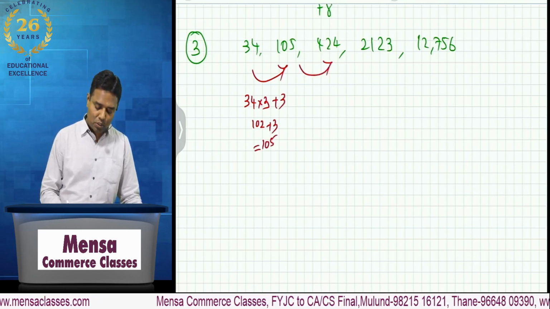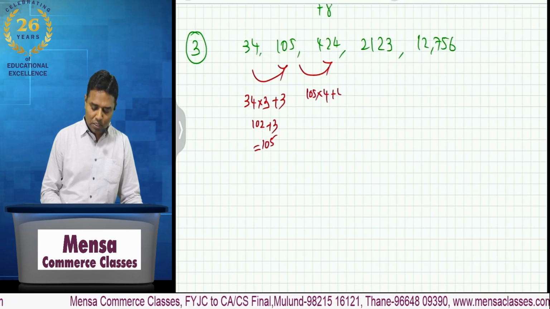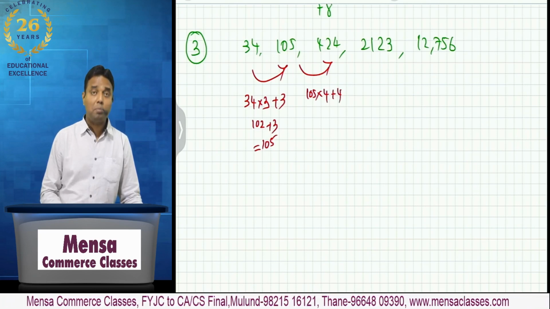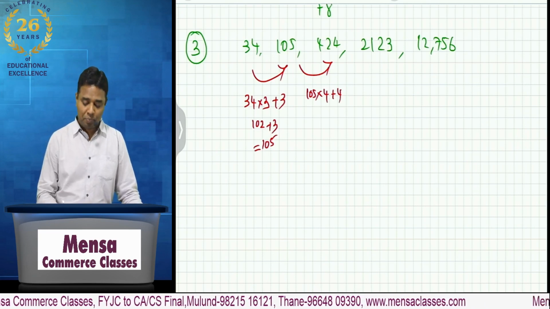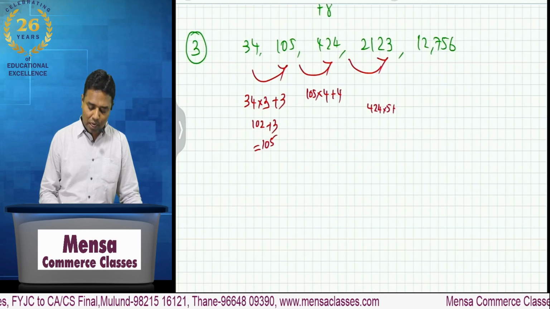Let's check, does it work? 105 is multiplied by 4 plus 4, that will be 420 plus 4, 424. It works. Let us check further. Now it will be 424 into 5 plus 5.